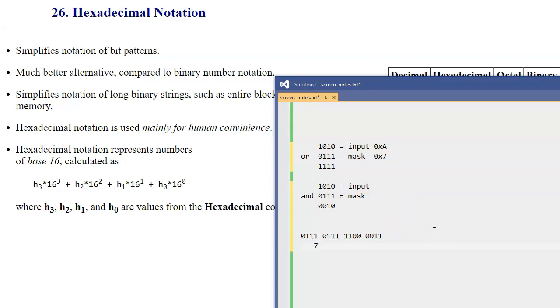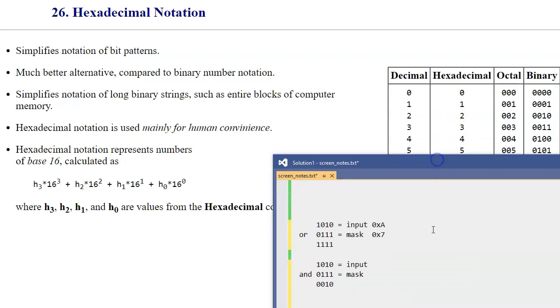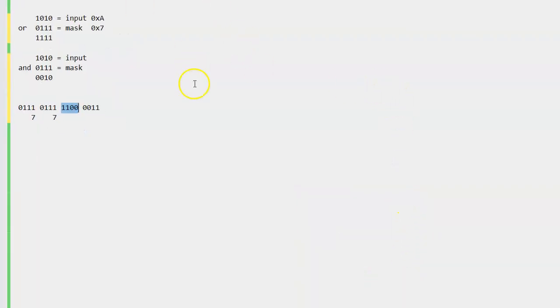So this would be 7, 7. Let's look for 1100 in this table. Right here, 1100 is hexadecimal C. And this is a recognizable 3. So this equals hexadecimal 77C3. This hexadecimal notation is much more popular than the binary notation, because it effectively shortens the value.